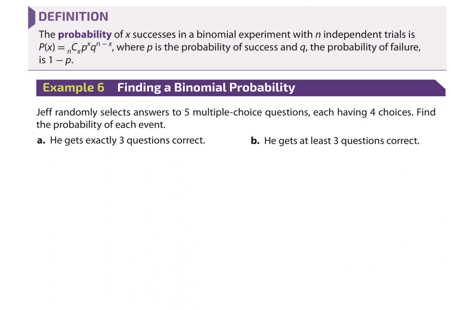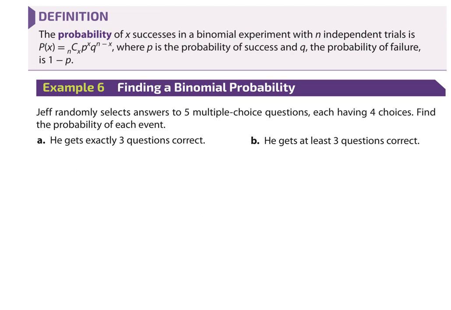The probability. So binomial expansion, or the concept here, is used to do probability: number of successes with independent trials, meaning they're not dependent on each other as to whether or not it is successful. If I want the probability of a specific number of successes, then I can use the combination of however many times I'm doing it, n, with the x being the number of successes I want.